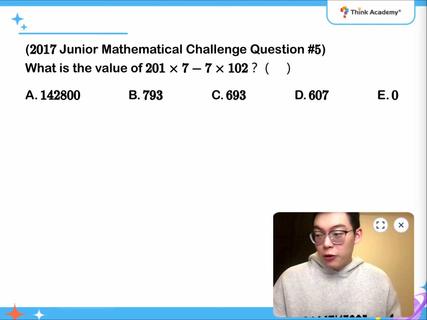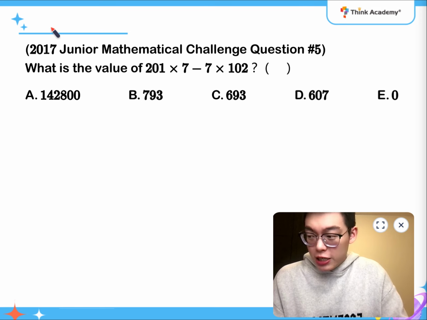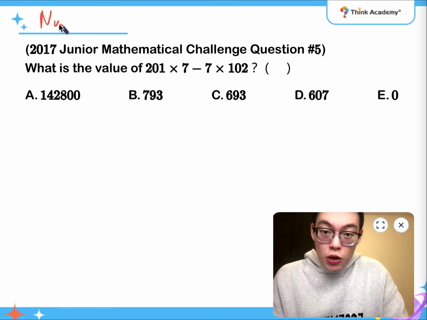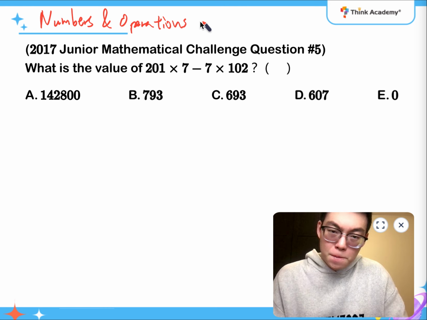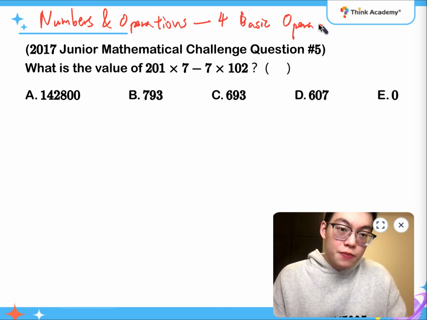As for question number 5, this is some fast calculation techniques in multiplication. So it's on numbers and operations. And again, it's about the 4 basic operations.